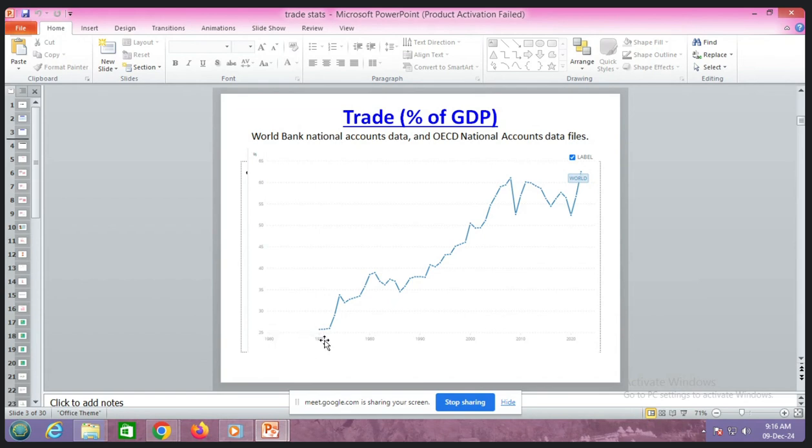You can see that in the 1970s it was between 25 to 30%. That means that on average the trade was very low in all the economies put together. This is the world average as a percentage of GDP.